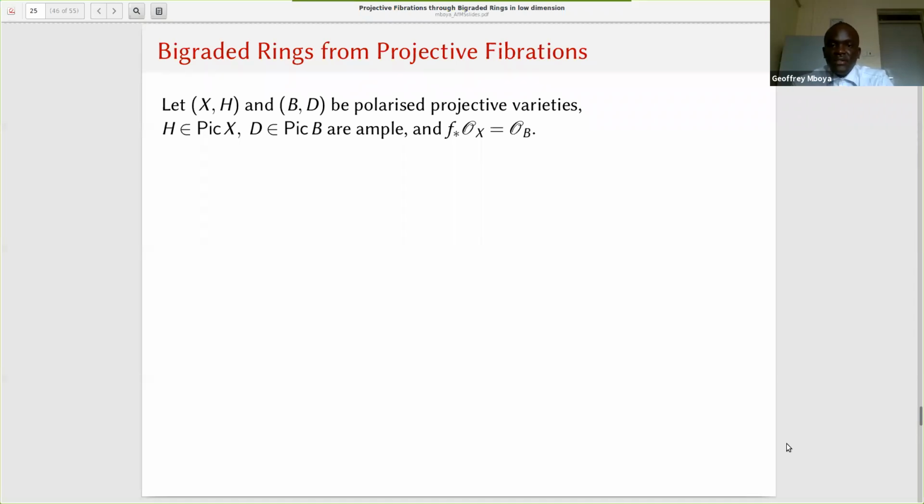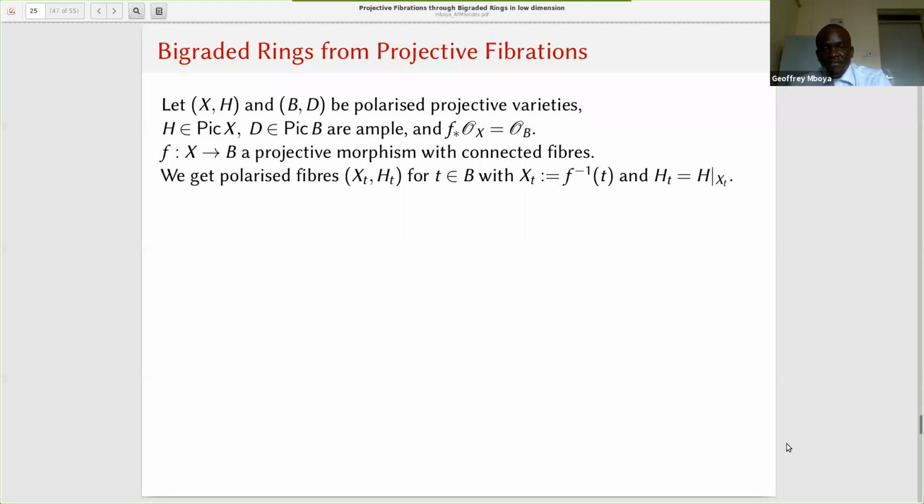And I will require that the pushforward of the structure sheaf on X is exactly the structure sheaf on B. And the fibration X to B is going to have connected fibers because of the condition that the pushforward of the structure sheaf is exactly the structure sheaf of B. And the polarized fibers of these fibrations are polarized by restricting H to just the fibers.